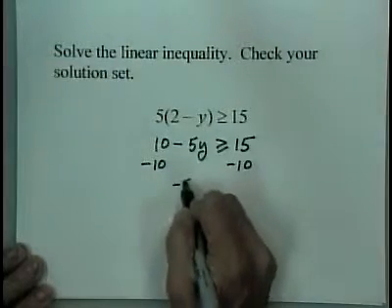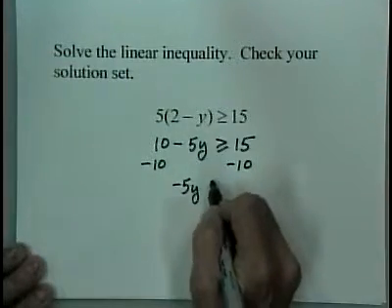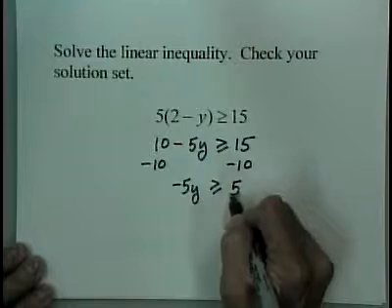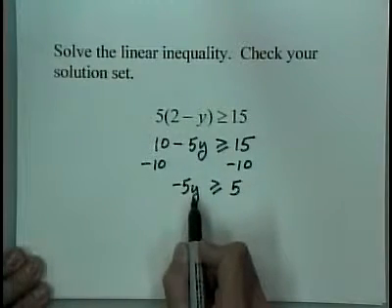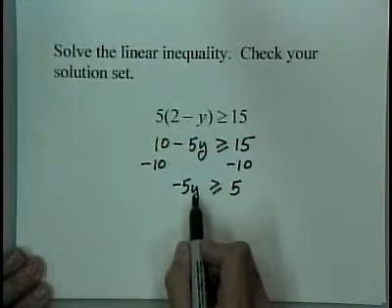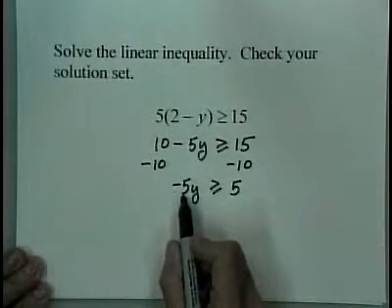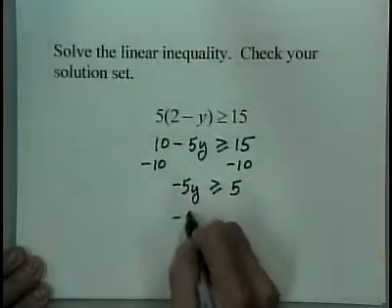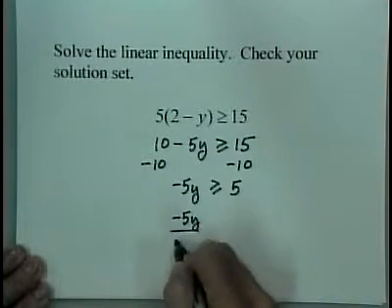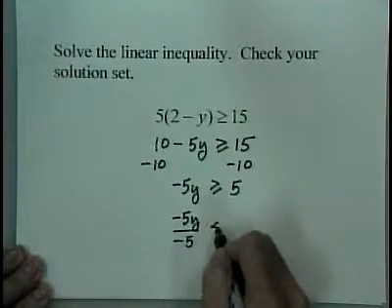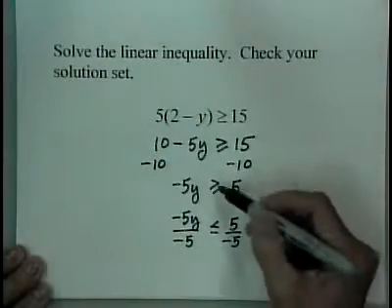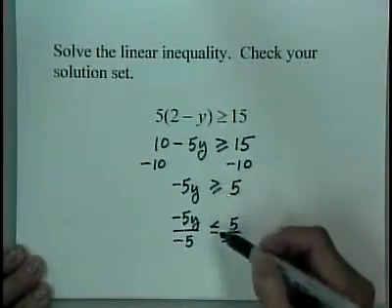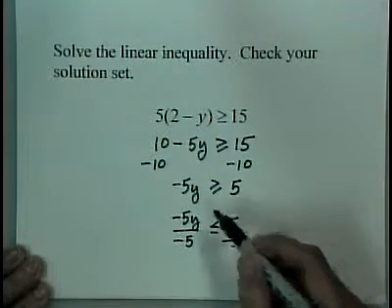That leaves me negative 5y on the left is greater than or equal to 5 on the right. To get y by itself and solve the inequality, I need to divide each side by negative 5. At the instant that I do that division, the direction of the inequality changes. It changed from greater than or equal to less than or equal to.